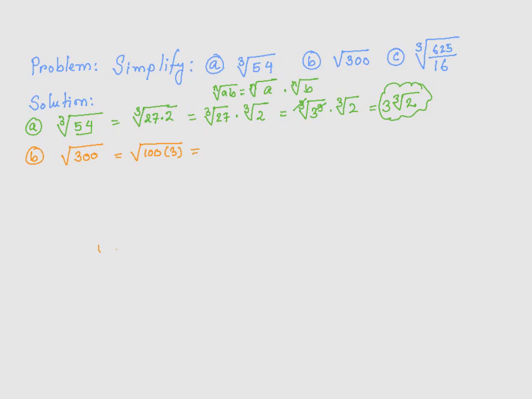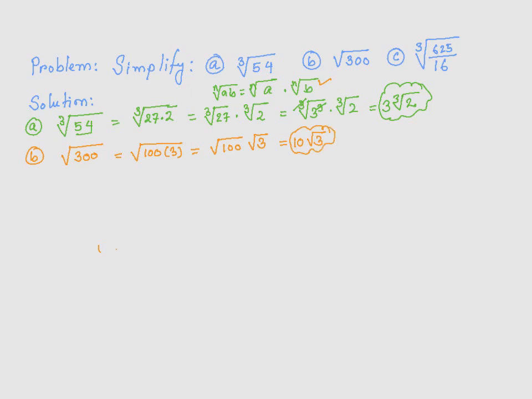So we could again use this formula and simplify it to square root of 100 times square root of 3, but square root of 100 is 10 and square root of 3 is square root of 3. We can't simplify it any further. So that's going to be our answer for part B.